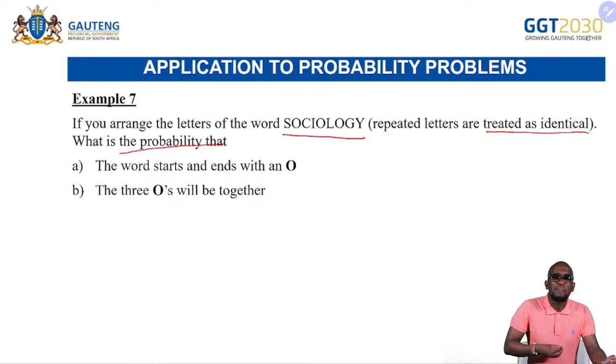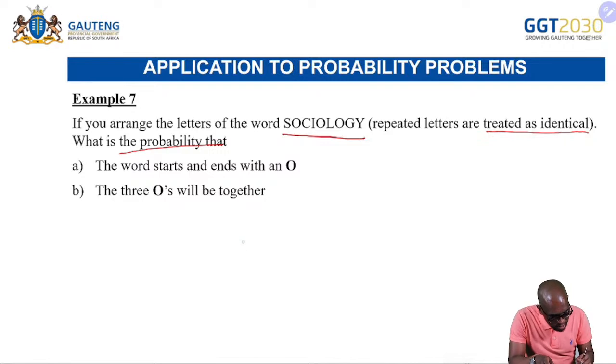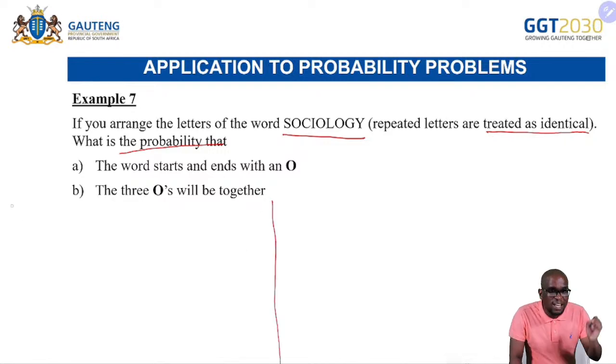They are asking about probability. What is the probability that the word starts and ends with an O? So we are going to be working with the event and the sample space.